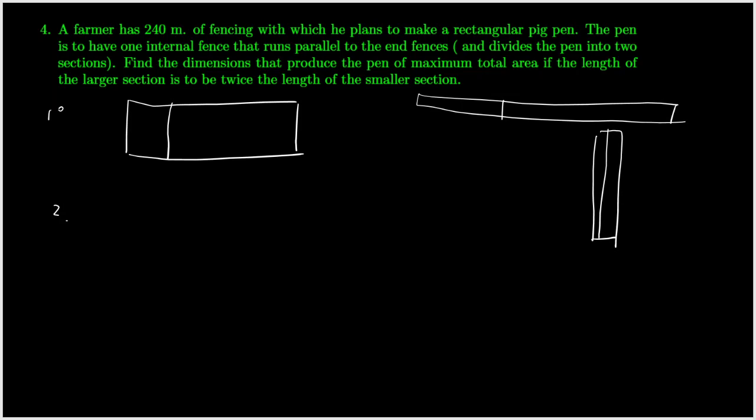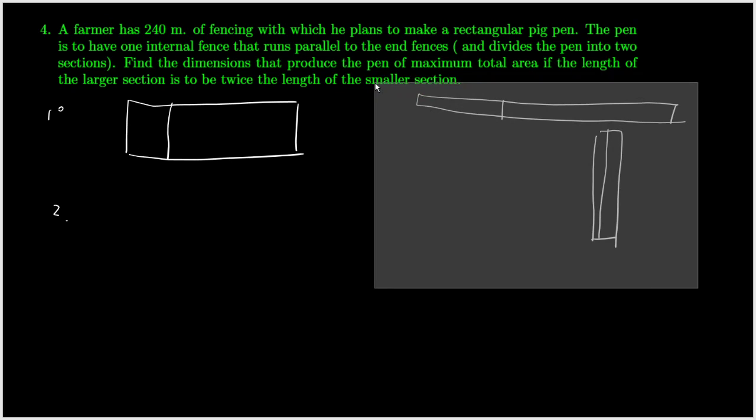You can make all the conditions satisfied: the total fencing is 240 meters, the length of the smaller section is half the length of the larger section, and so on. Again, the area is not going to be the largest.